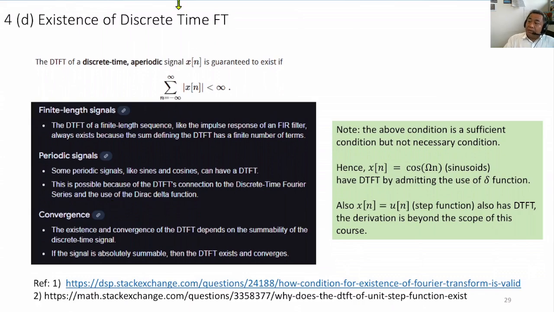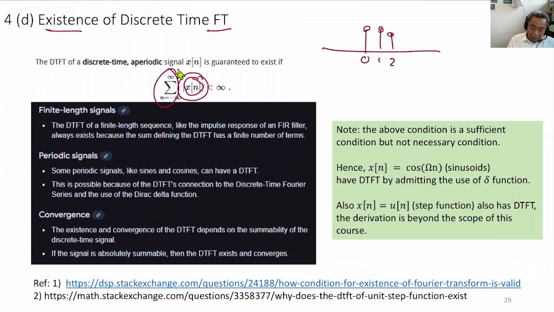In the last slides, we'll just briefly discuss the existence of the Fourier transform. When the sequence x of n is absolutely summable, okay? So imagine you have this sequence here, 0, 1, 2, and all 0.